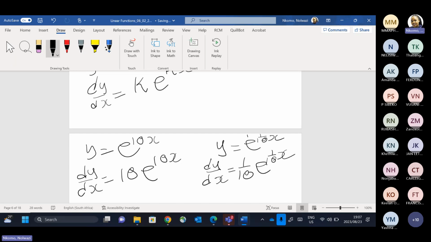If there is no constant, then the derivative of that function is that function itself. If there is a constant, then the derivative is the constant times that function itself, right?